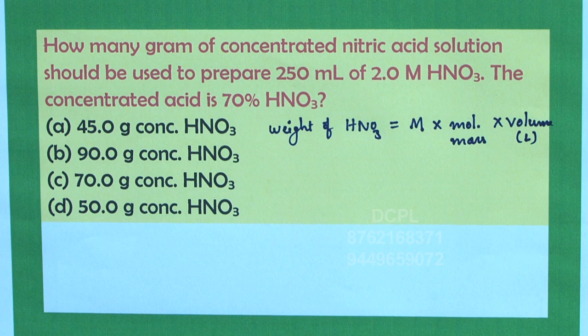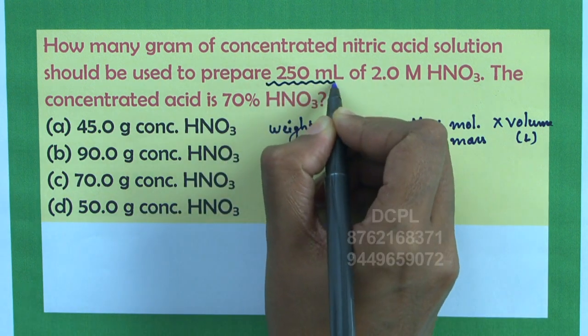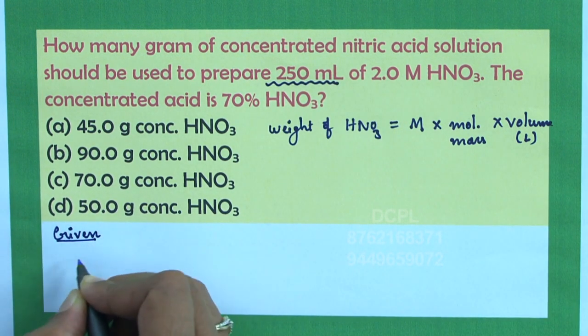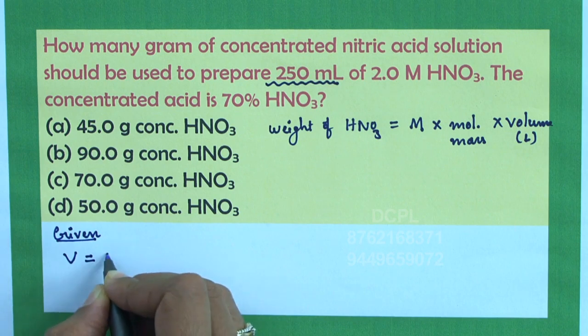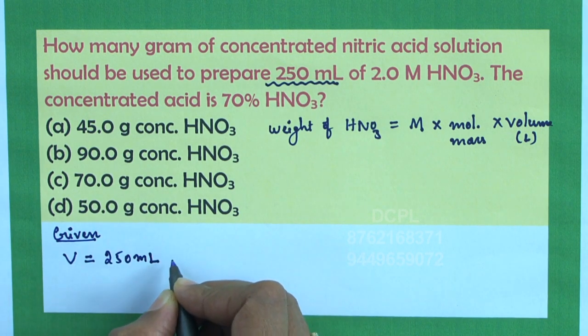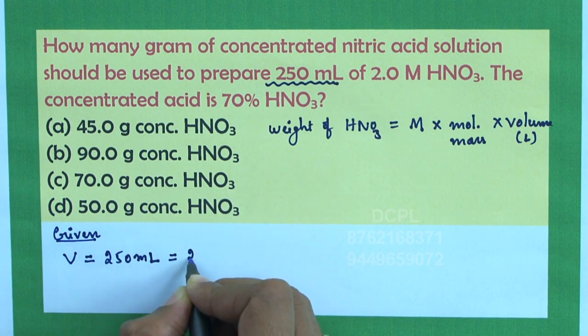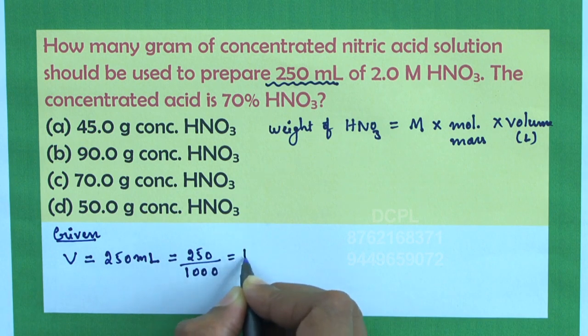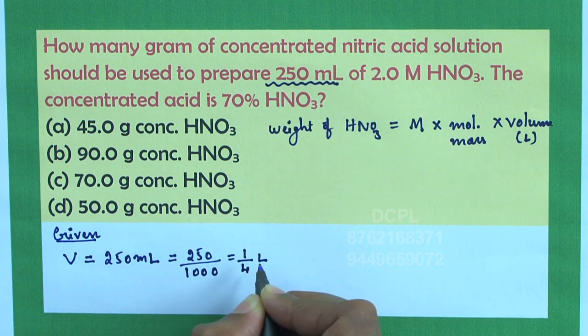Here we have 250 ml, that is the volume of the solution, which is given as V, which is 250 ml. Since it is in liters, we need to convert into liters, therefore divided by 1000, which is nothing but 1/4 liter.